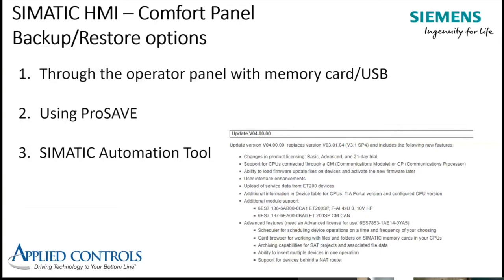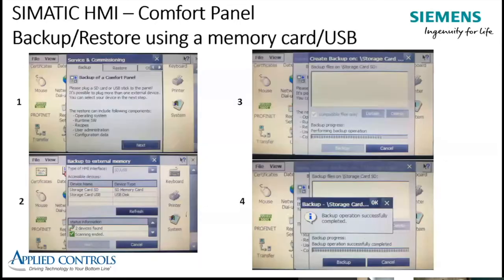Basically, under those same settings, under the service and commissioning window, you have the option to backup, and you'll see here it even tells you what you're going to back up. You would come to this window, you would click next, and from here, you can use really any device that's pluggable into the panel.